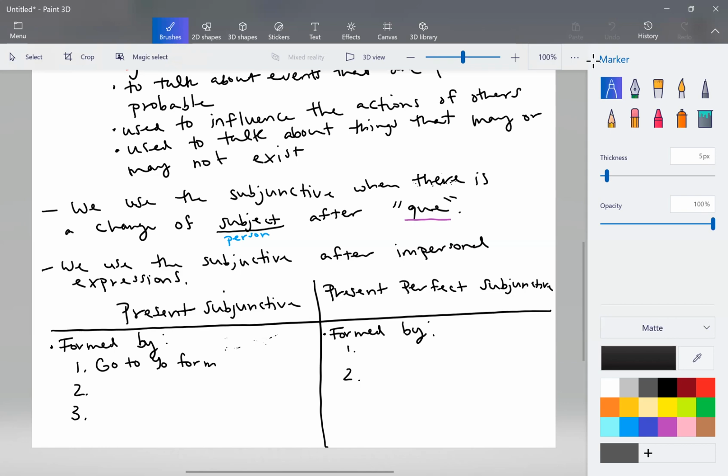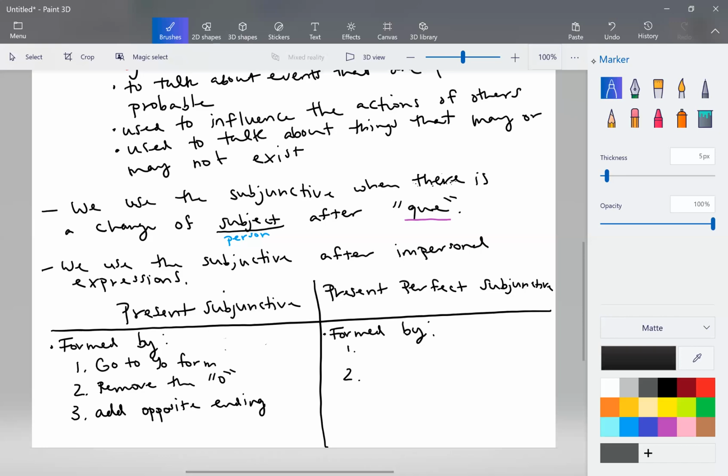Remove the O. Mm-hmm. And add the ending. Add the opposite ending. So for AR verbs, we'd add the ER endings, and for ER or IR verbs, we'd add the AR endings. Yep. This should be pretty familiar, I hope.